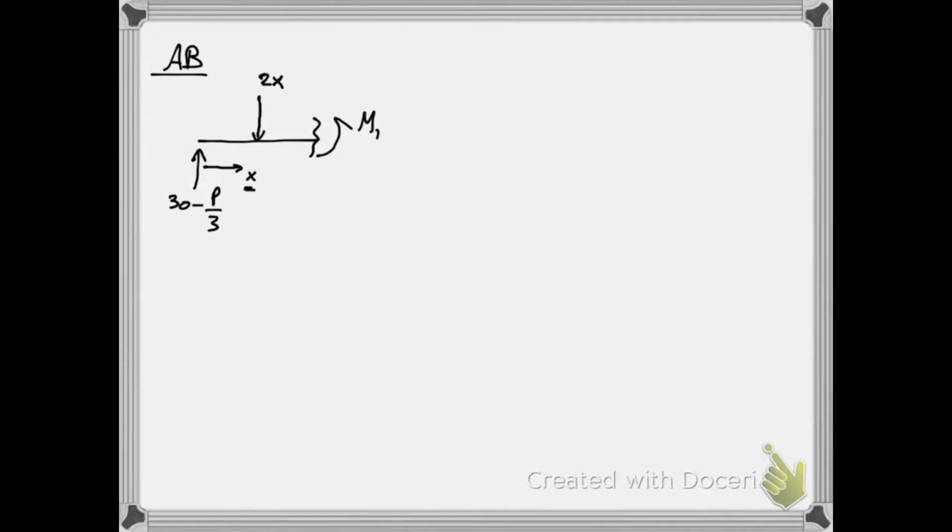And we're going to do the same thing. Our equilibrium equation, assuming positive rotation in the counterclockwise direction, is going to be M1 plus 2x times x over 2, because it's acting on the centroid, minus 30 minus P over 3 times x.